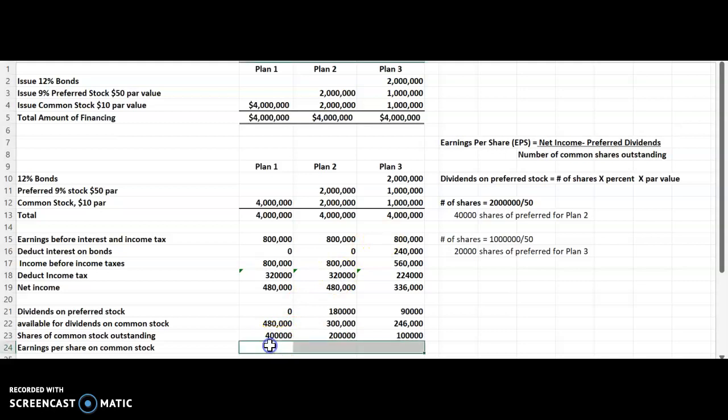Okay, so now we're ready to calculate our earnings per share, which is our net income minus our preferred dividends, which is this number, divided by our shares of common stock outstanding.